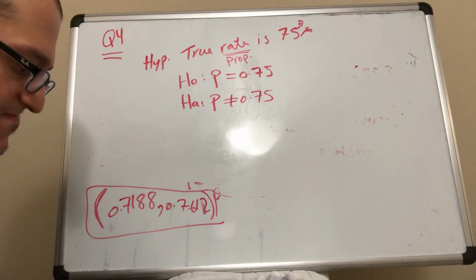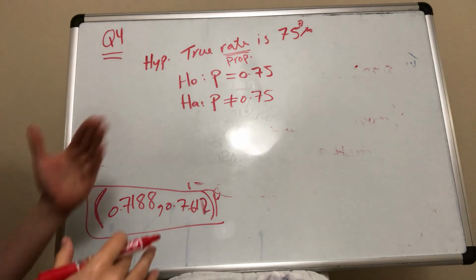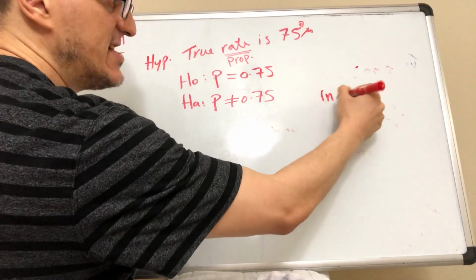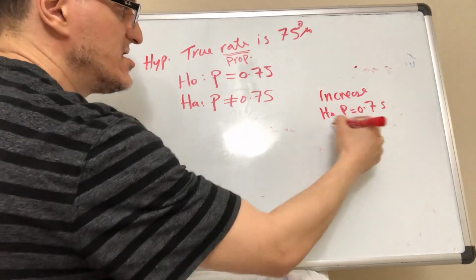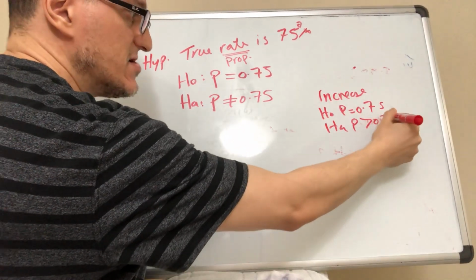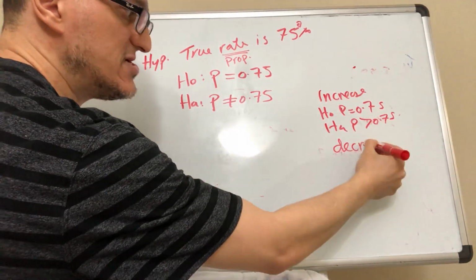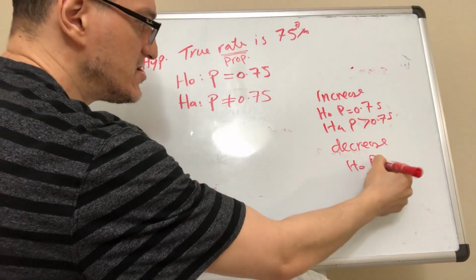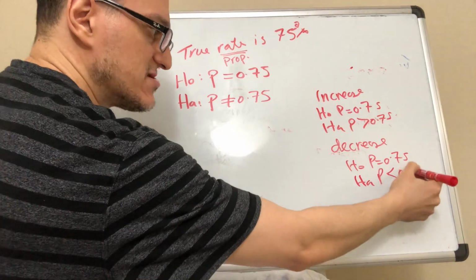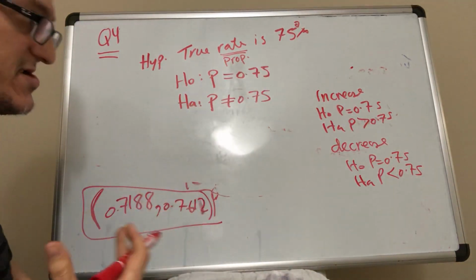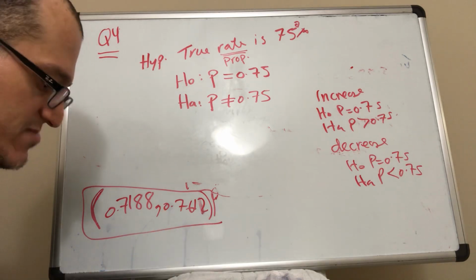If they say we're going to test whether there is an increase, then H0 is still the same, but HA would be more than 75. If they say they want to test for a decrease, then H0 is always equal, and HA would be less. But here they don't say increase or decrease, so you're testing equal versus not equal.